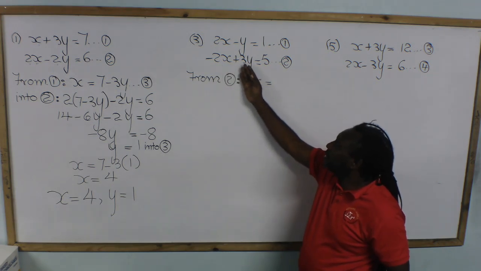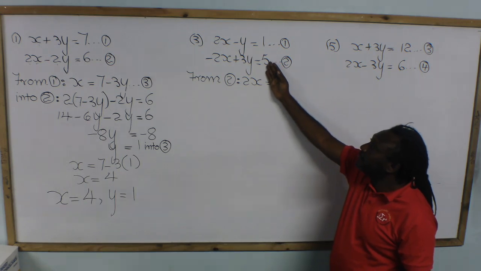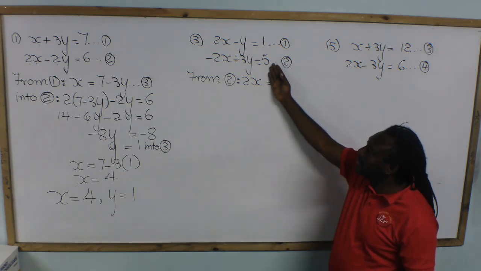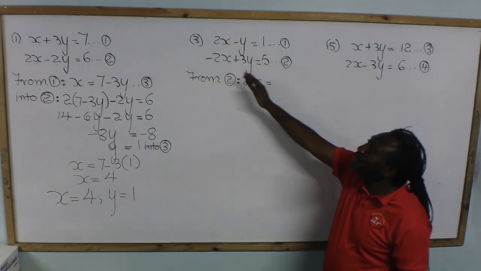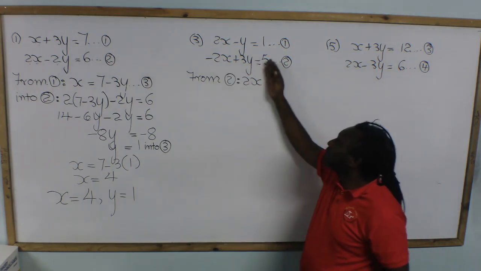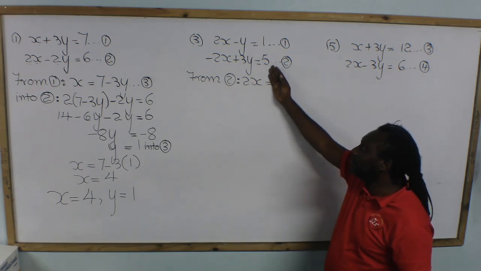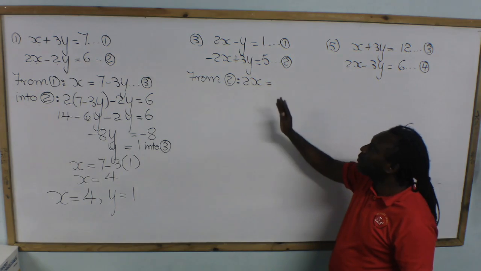So we'll get 3y, and of course we'll eliminate the 5 from this side by subtraction. So this one will be eliminated from this side by addition, and this one will be eliminated from this side in the same step by subtraction.